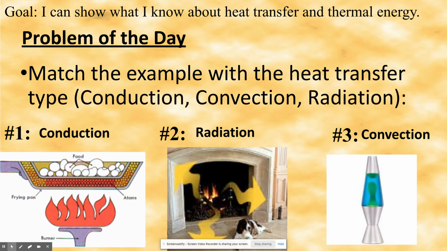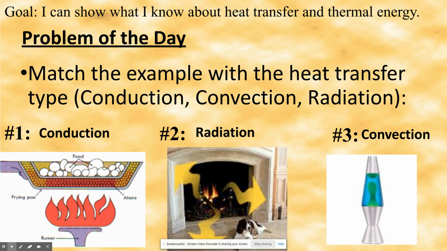Number one is conduction because it's direct contact. When heat is transferred by direct contact, it's conduction. And radiation, anytime you see fire or light, microwaves, that is all going to be radiation. It can travel through empty space and it can transfer heat.